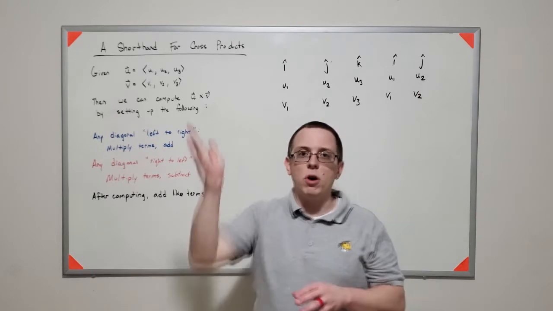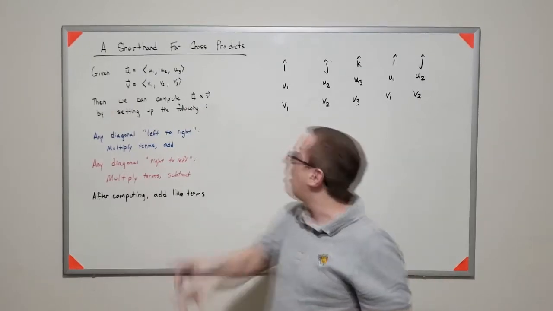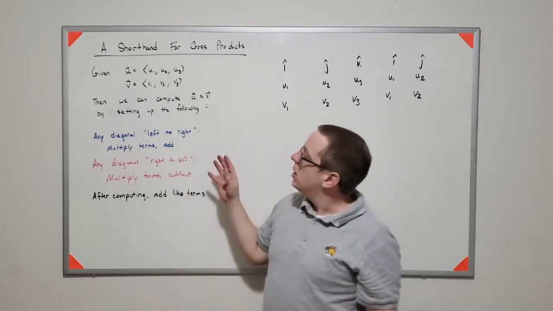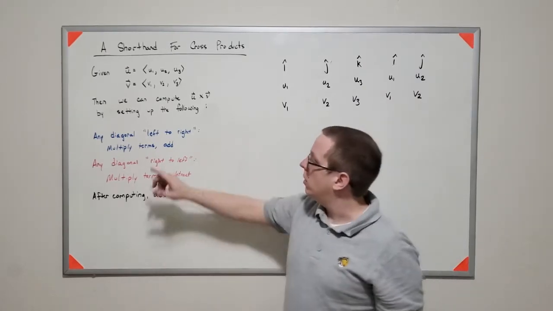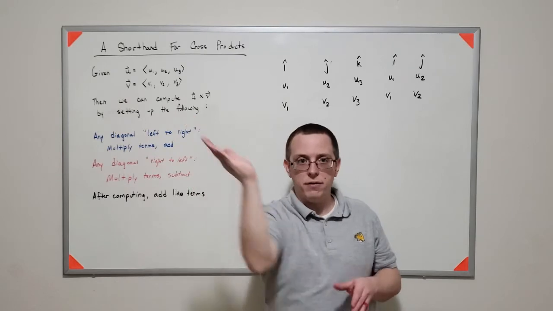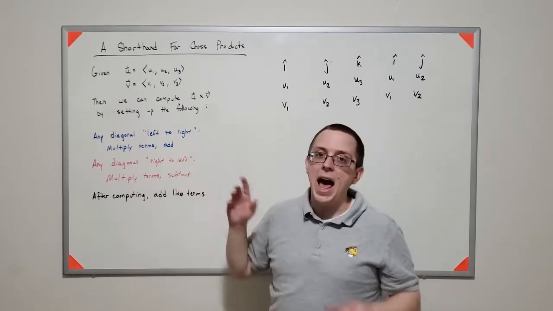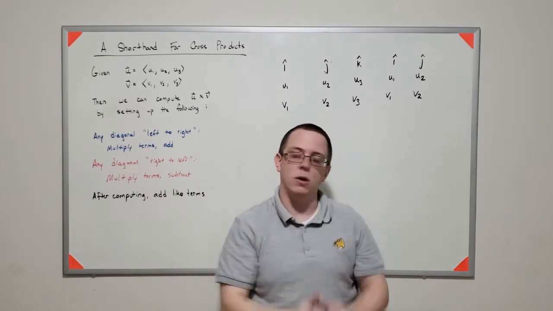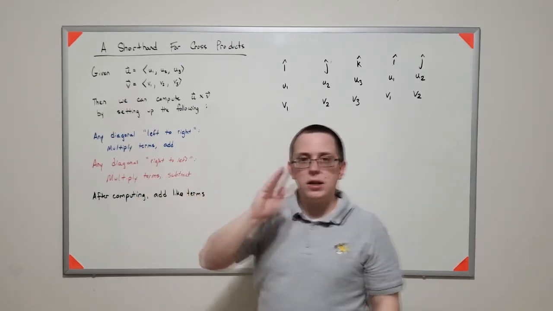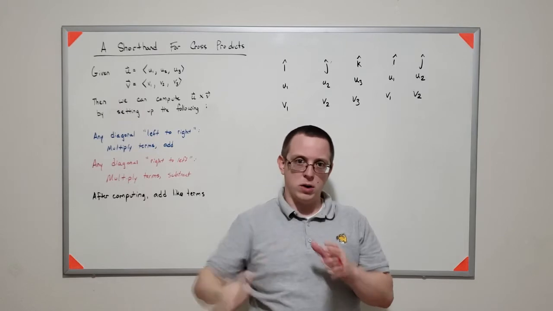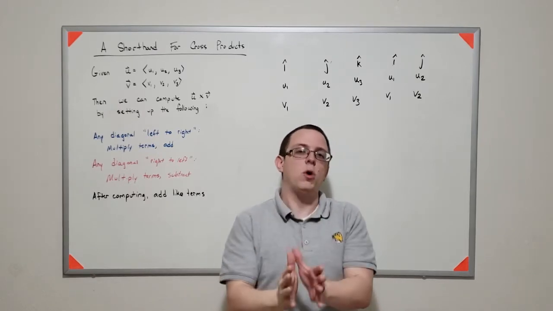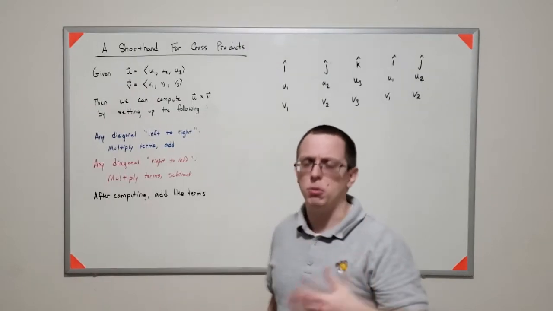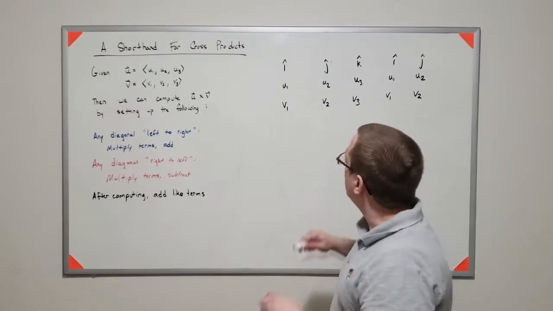Now we're going to follow the diagonals of these columns. If the diagonal starts left and ends right, we're going to multiply across the diagonal and add those terms. If it goes right to left, we're going to multiply across the diagonal, but subtract the result rather than add it. So you can think of it as plus or minus.